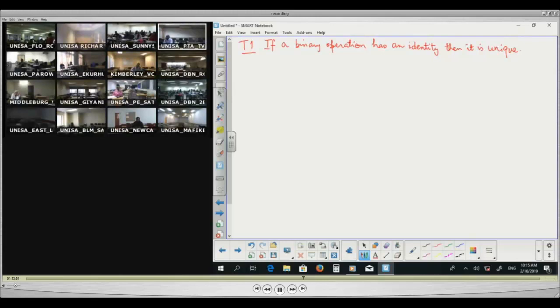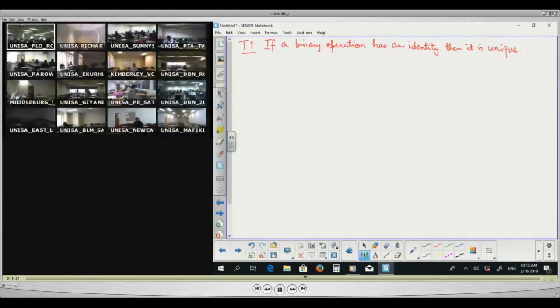So the moment you tell me that a binary operation has an identity, that identity is unique. You cannot have two zeros. So in some sense, it's a very special element. So let's see why.